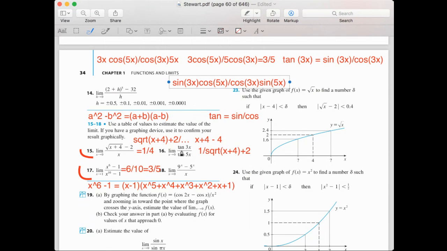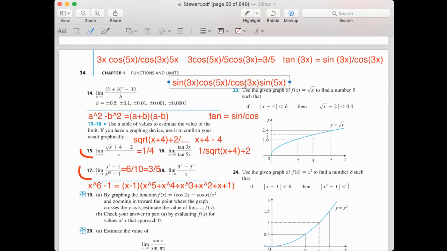The numerator, tangent 3x, is sine 3x divided by cosine 3x, and then we divide it by sine 5x over cosine 5x. That's the same as multiplying by cosine 5x divided by sine 5x, so cosine 5x becomes the numerator and sine 5x is the denominator.